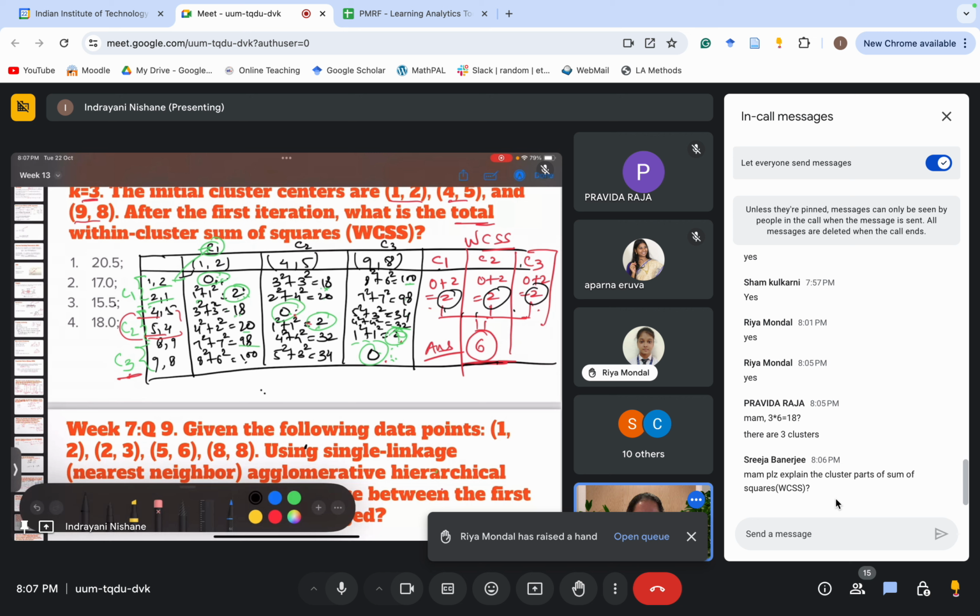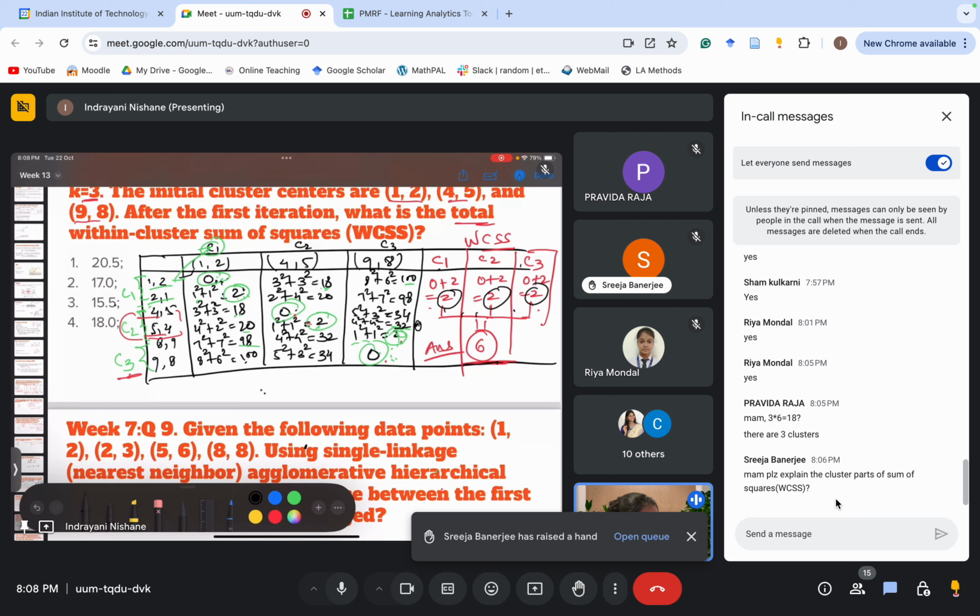Ma'am, if we had 3 points in one cluster, then we have to calculate the 3 distances, right? Yes. Every cluster here has 2 points, but say, for example, this 3, 2 is 1, and this point 5, 4 also comes to C3.